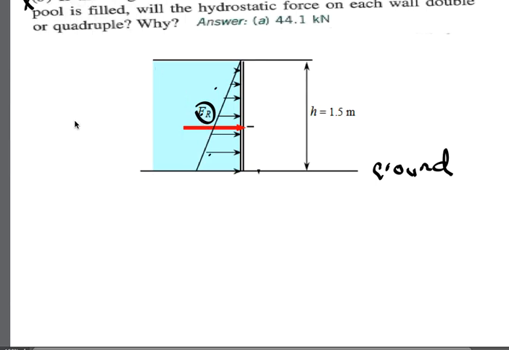Okay, from the previous lecture, your resultant force is the average pressure times the area of the plate.